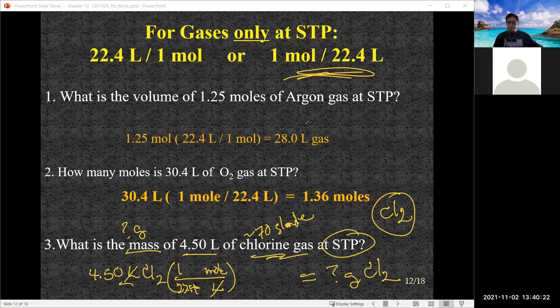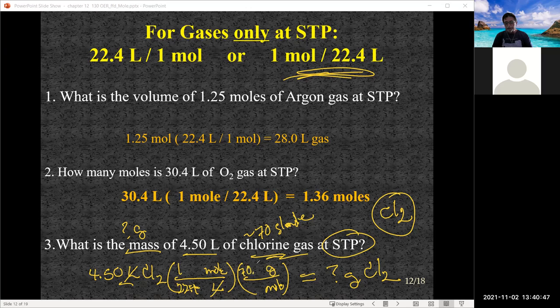Now I need to get rid of moles, so moles are down in the denominator and grams are up the top.